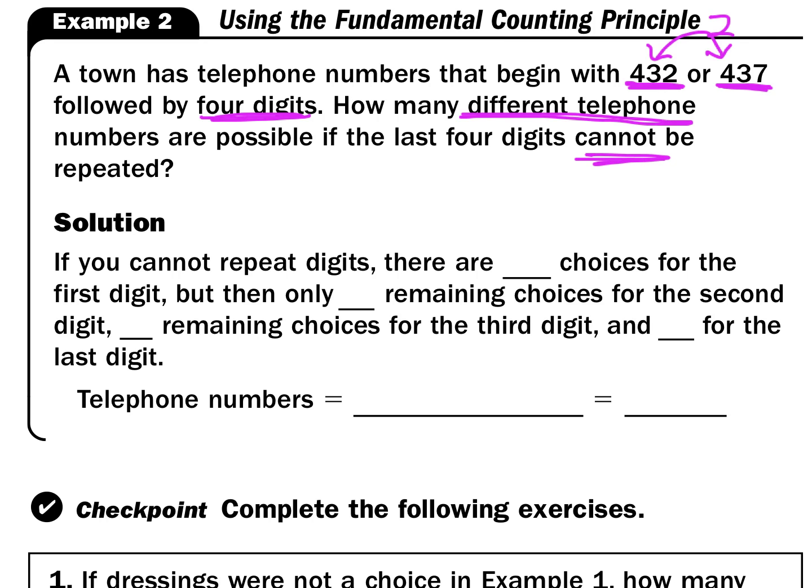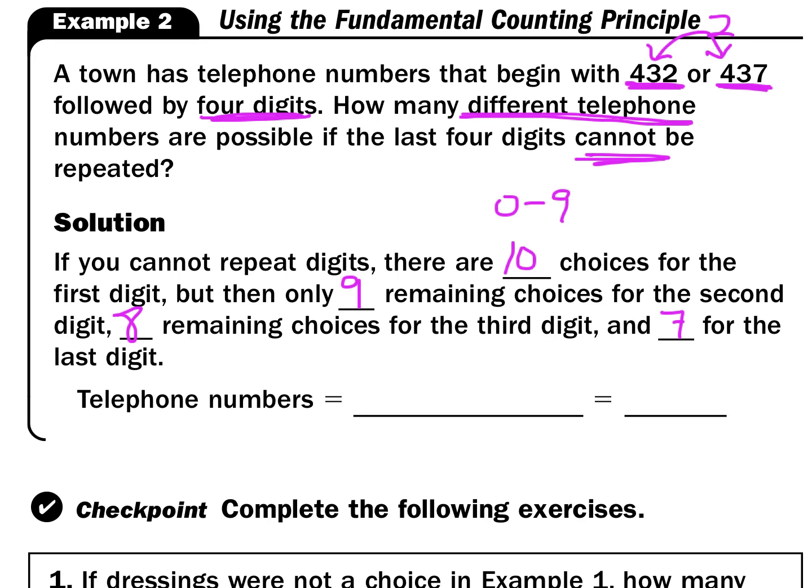If we cannot repeat the digits, that means there are 10 choices for the first digit, 0 through 9. But then only 9 remaining choices for the second digit, because we've used one of those digits. Then 8 remaining choices for the third digit, and 7 remaining choices for the last digit.